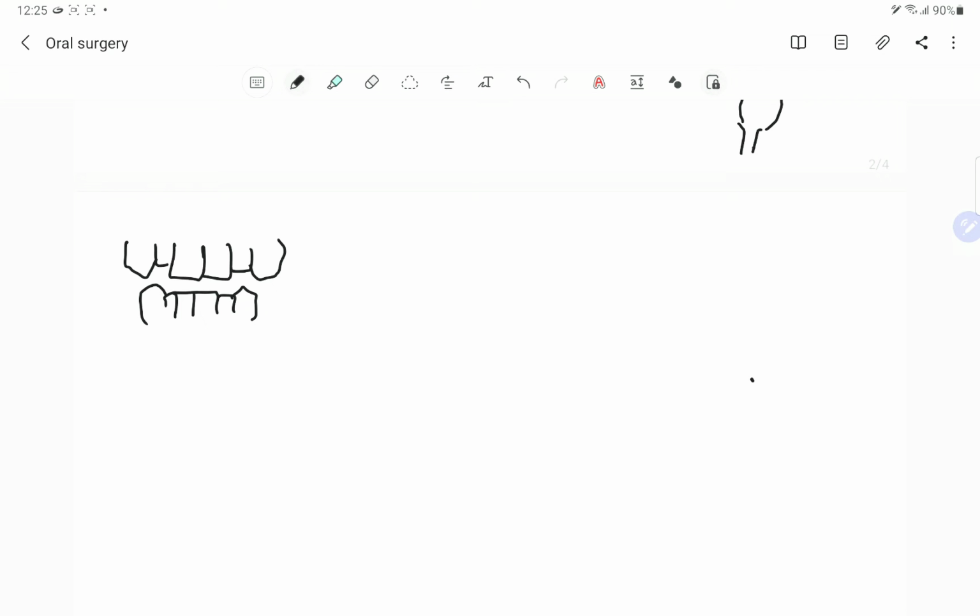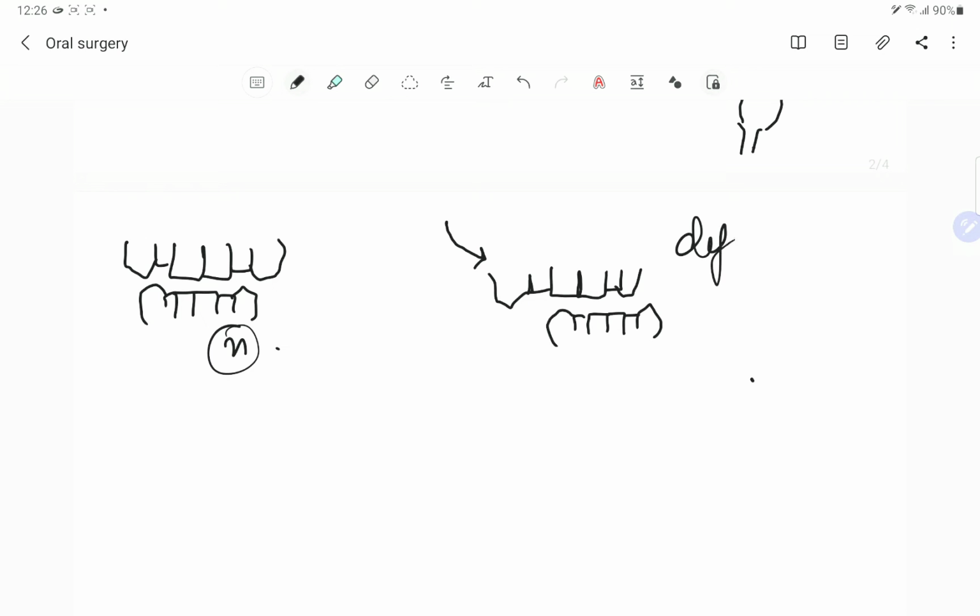So, this is deflection. If normally it is like this, then deflection will be like this. So, the mandible gets deflected at the maximum mouth opening. Deflection is when at the maximum mouth opening the mandible is deflected.